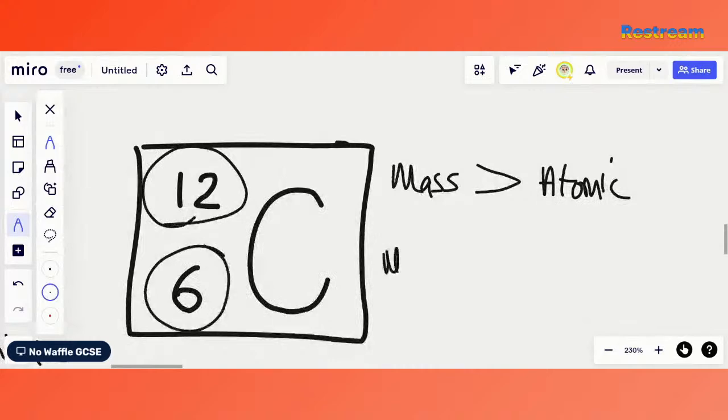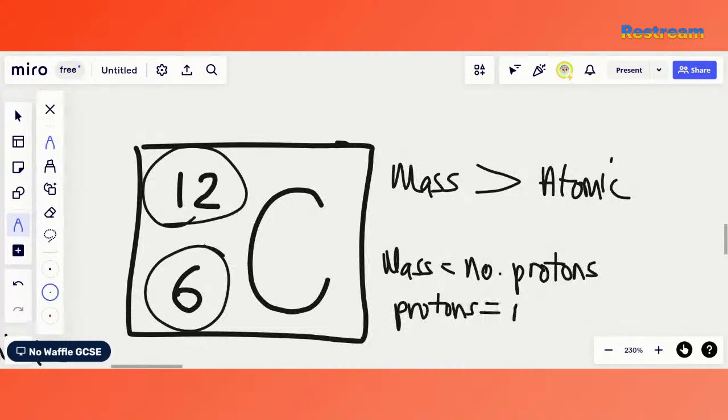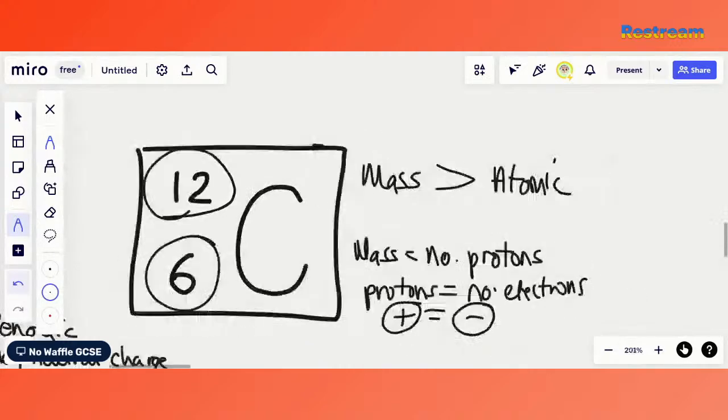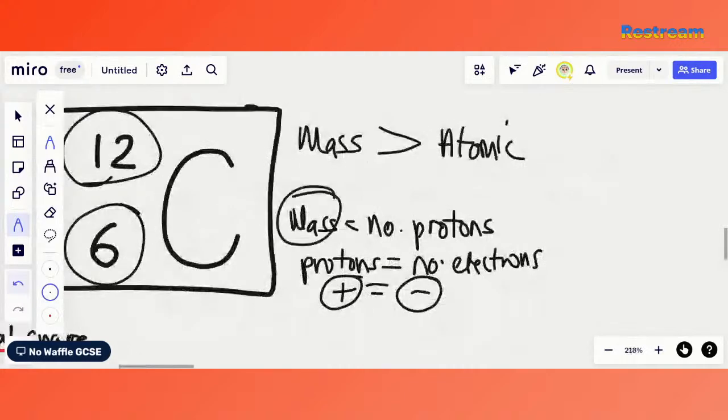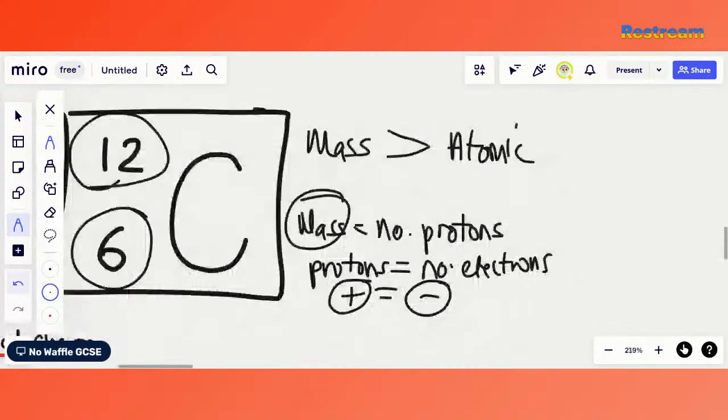So the mass number is the number of protons. And we know that the number of protons in an element is equal to the number of electrons. Why do we know that? Because we know that the overall charge of an element is neutral. Therefore, the charges balance out and the number of protons equals the number of electrons.